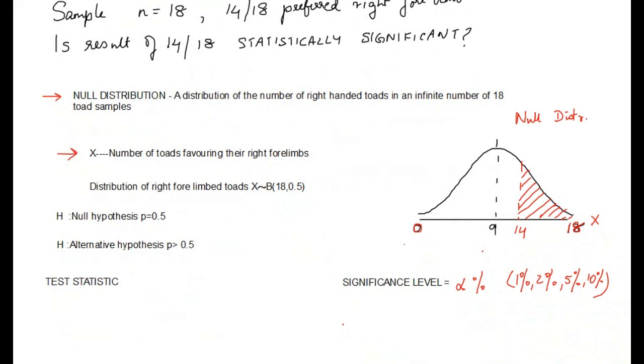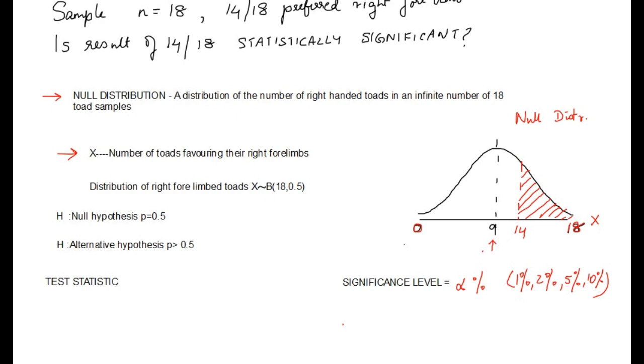So out of a sample of 18, in some samples it might be 0, in some samples it may be as high as 18 out of 18, but a majority of the samples will give us the number of right-limbed toads as around 9 as the mean value. Okay, so this is our null distribution.